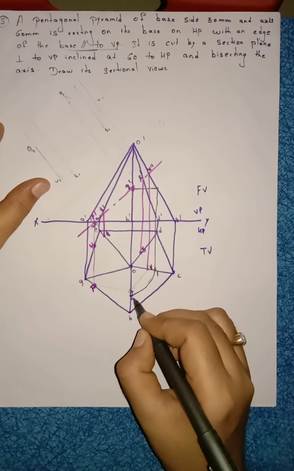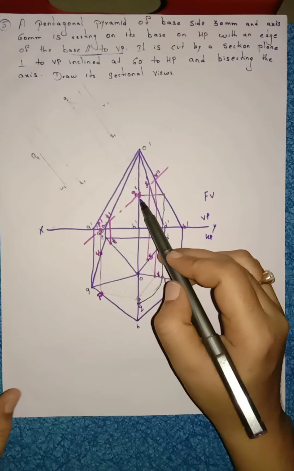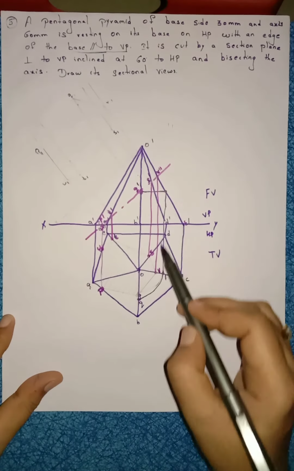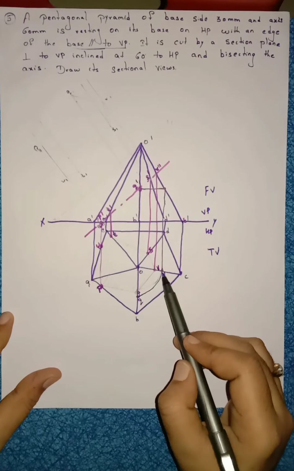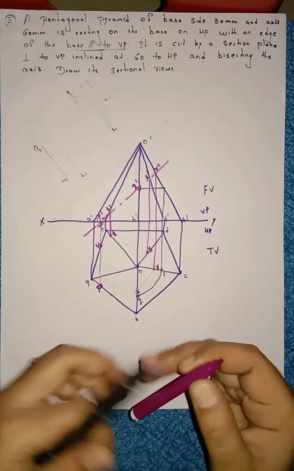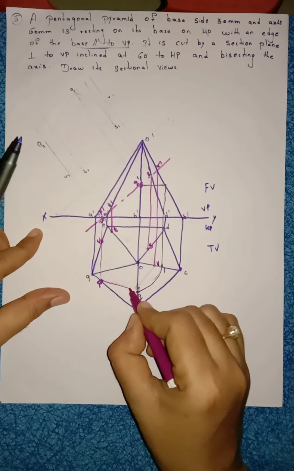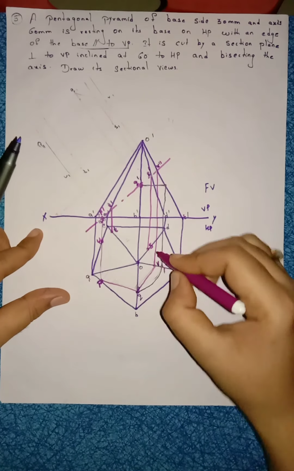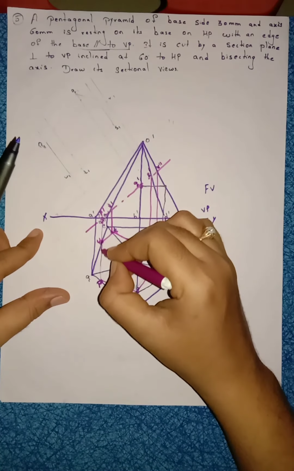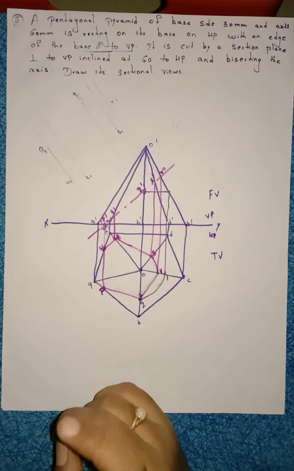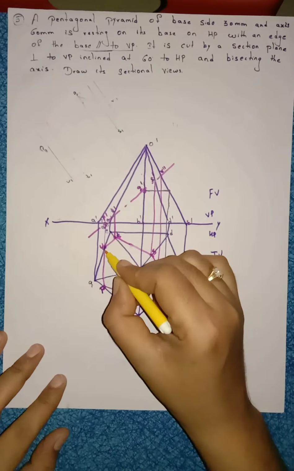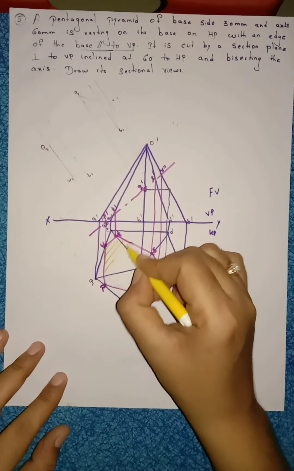Name this point as Q. When a point is on the axis line, from that point draw a straight horizontal line and a straight vertical line, then with O as center, O1 as radius, draw that point. Name it as Q. Join this P, Q, R, S, T, U, P. You will get the sectional view. After drawing this, draw the hatching lines.